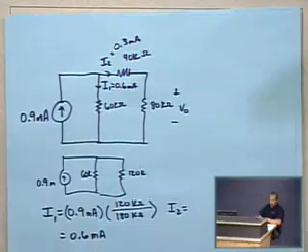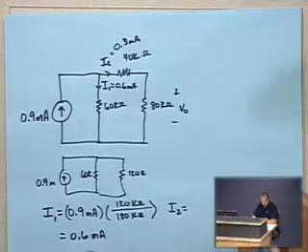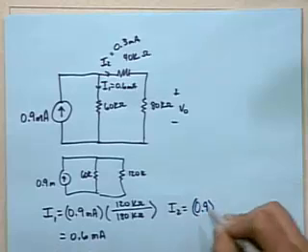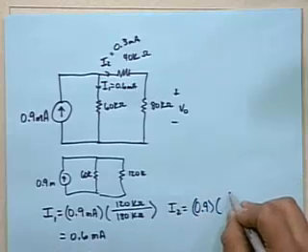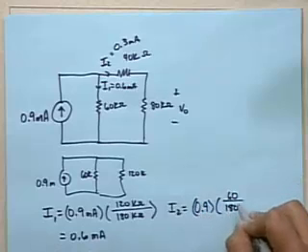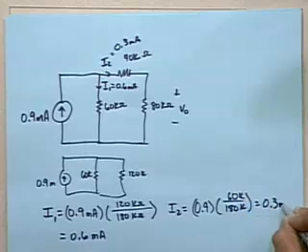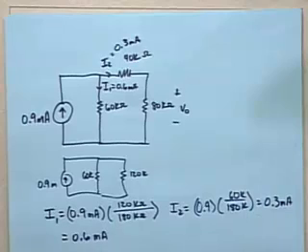You should get the same answer if you stick in the numbers, and you can work this out on your own, 0.9 with 60 over 180. That should give you 0.3 milliamps as well, but what difference does it make? The point is, make sure you use the easiest way to solve these problems and don't just blindly apply the formulas.